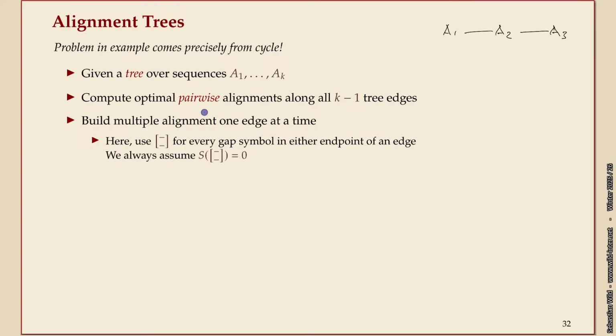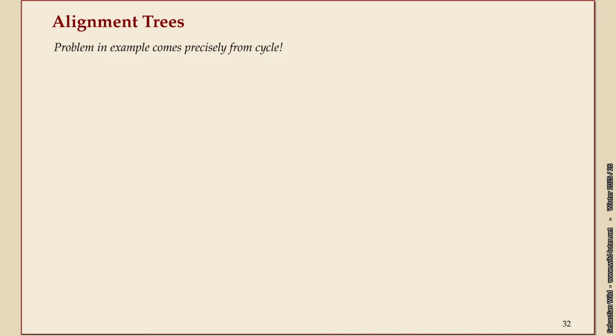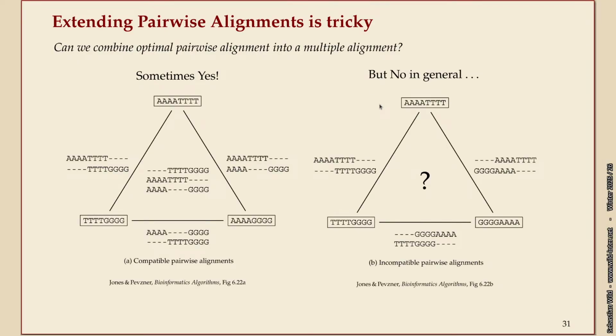Then you can compute the best pairwise alignment along all of the edges. And then you can show whatever alignment you have between A1 and A2. Let's do some concrete example to make this a bit more concrete. And maybe it's a good idea to just use this bad example here.